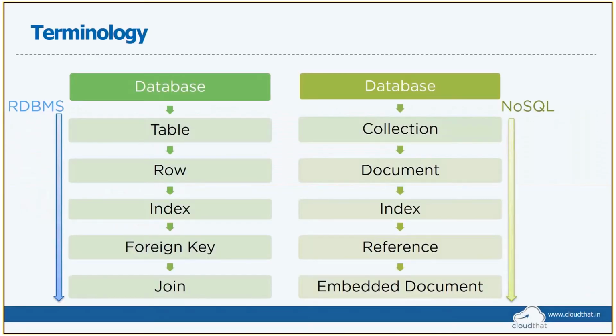Before getting into exactly how to design a NoSQL database with an example, a few terminologies, I think I've already spoken about a couple of them. Collection, row is analogous to document here, index is index itself. There is a concept of key; here we call it a reference. But again, there is no hard foreign key relationship there.